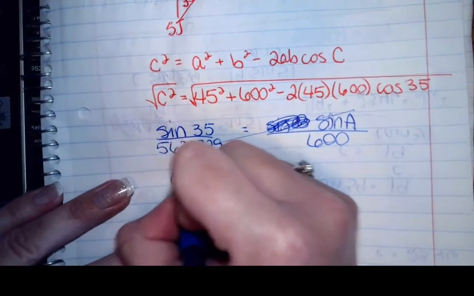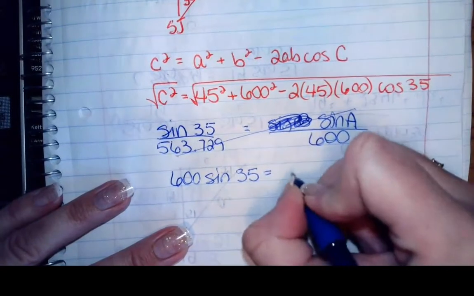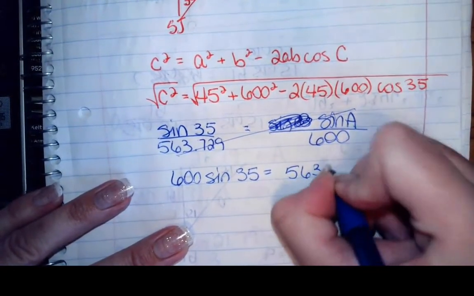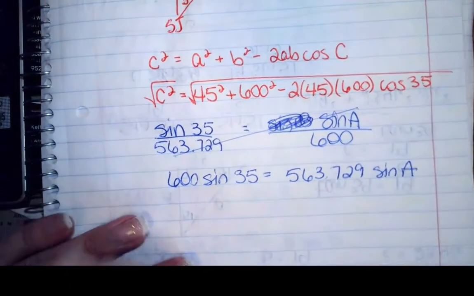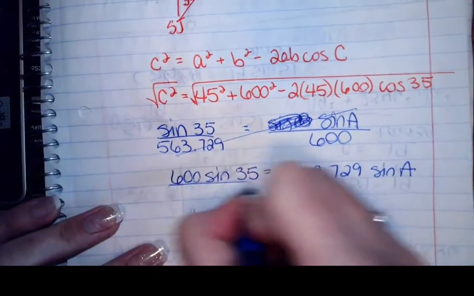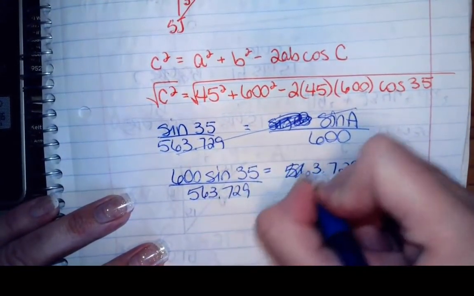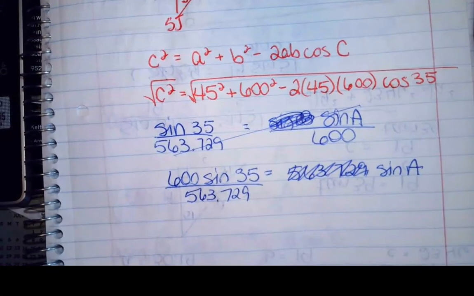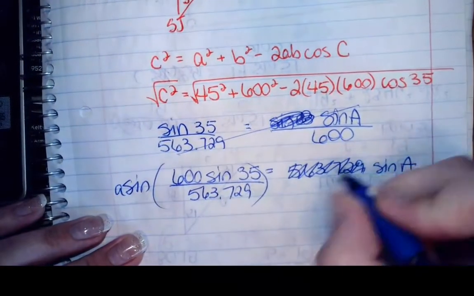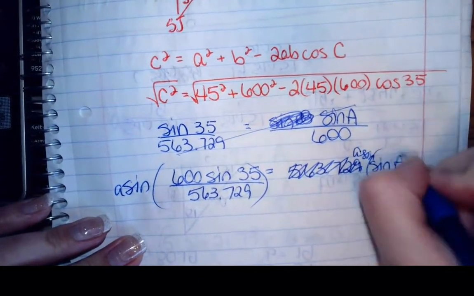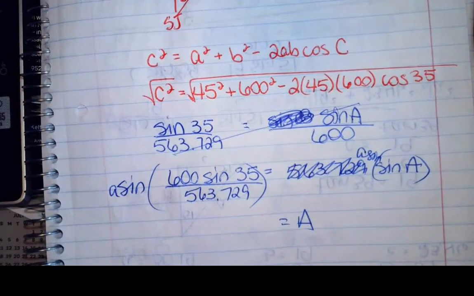So I have 600 times the sine of 35 is 563.729 times the sine of A. So I'm going to divide both sides by 563.729, and then I'm going to take the arc sine of both sides, which will make that angle measure pop out.